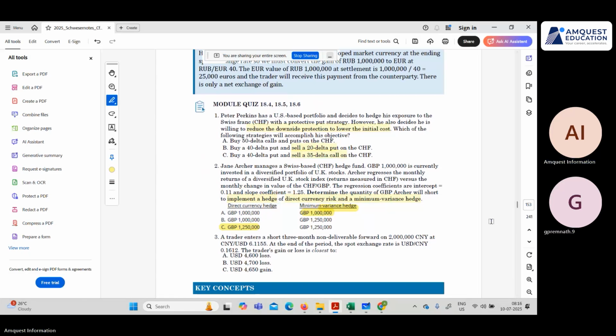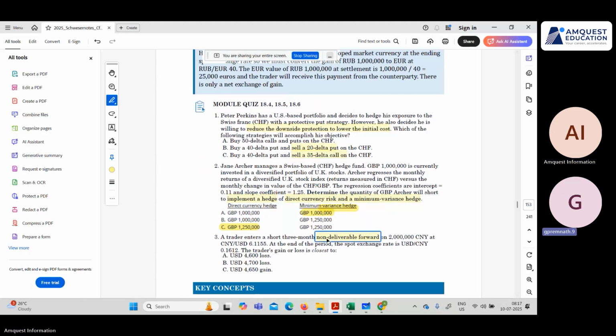I'll tell you why I'm thinking like that. Basically, he has to sell 2 million CNY in the forward. Can you see this line phrase? I'm just telling you, this is how you should see it in the exam.